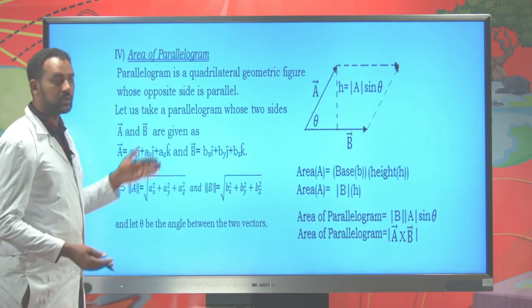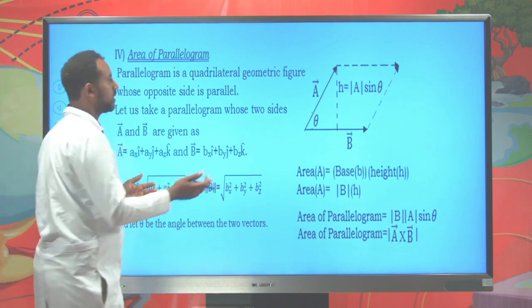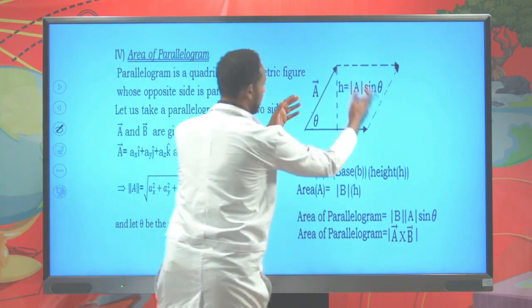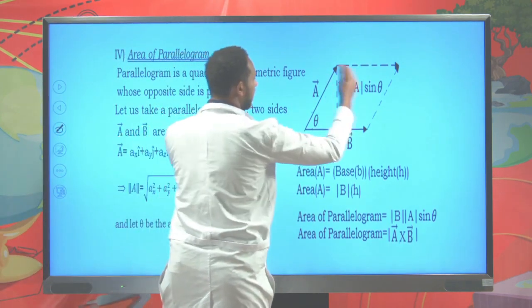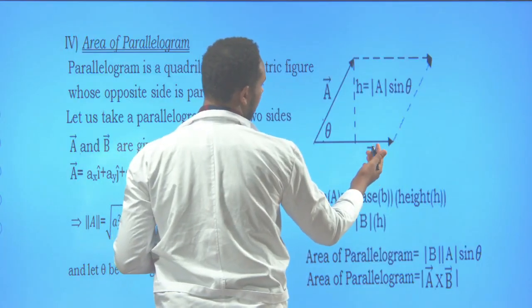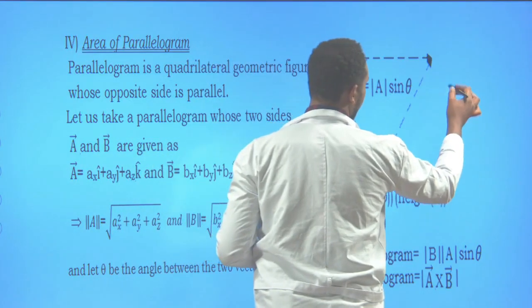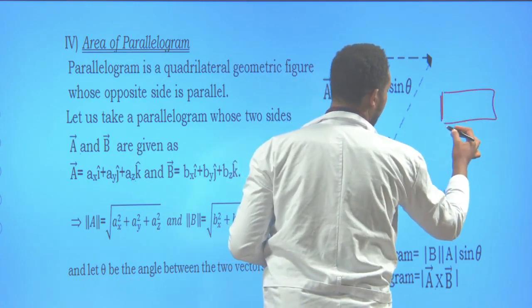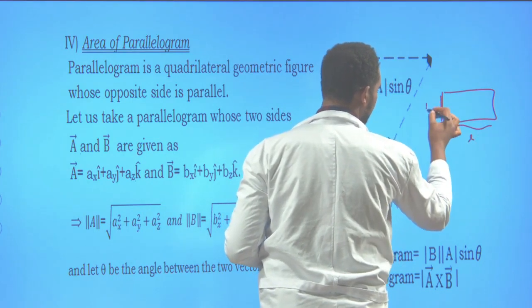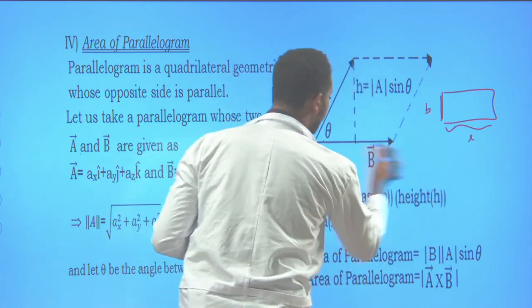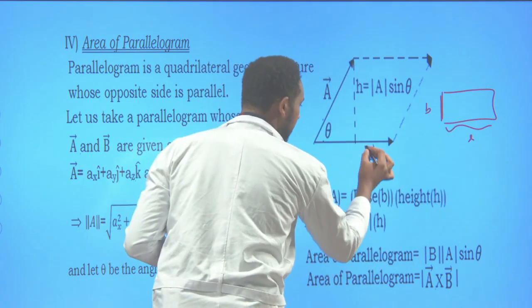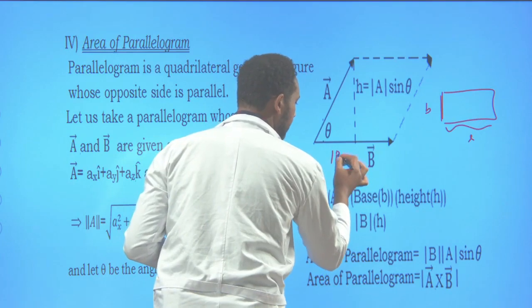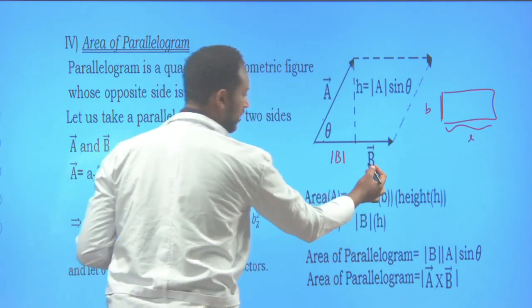A parallelogram is a quadrilateral, a four-sided figure whose opposite sides are parallel, okay? To find the area, we know that the area of a rectangle, triangle, and so on can be determined using the product of its length and its breadth. Here you have one of the sides given by vector B.